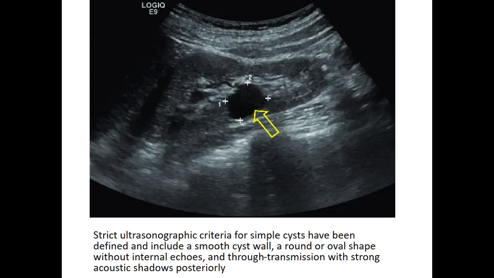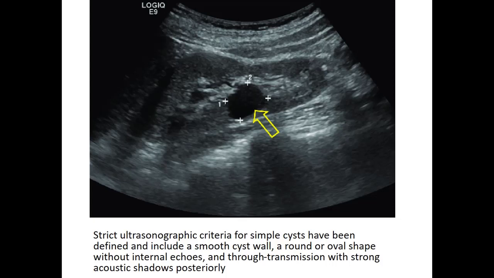We emphasize it here because there is a strict definition for a simple cyst on ultrasound, and if a cyst lies in this category, we can follow it on ultrasound, or we don't have to do much about these cysts.